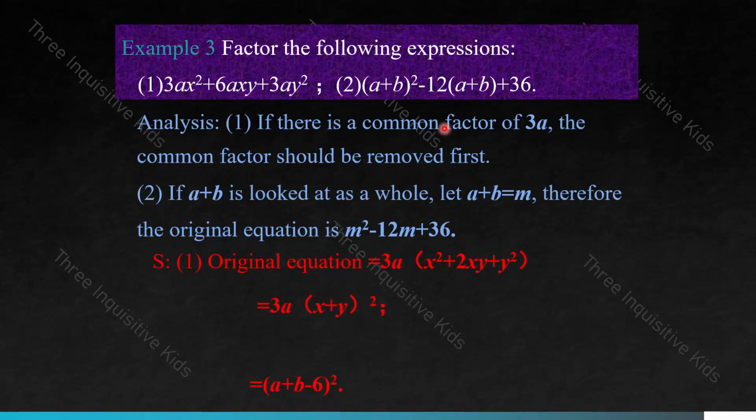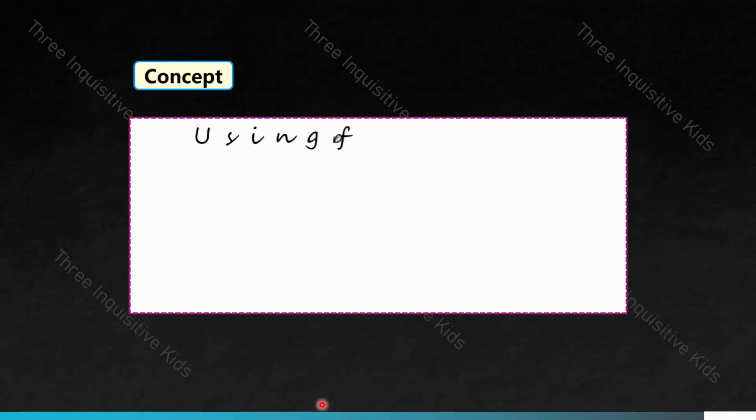It's just that it's not the best idea to factor it out since the third term does not share that. But what we can do is replace a plus b with a variable, so calculations with it are easier. Now we can turn it into m minus 6 squared, which in the end we have a plus b minus 6 squared.